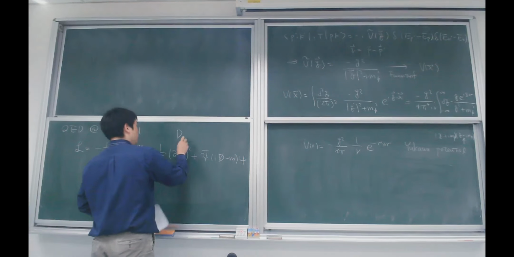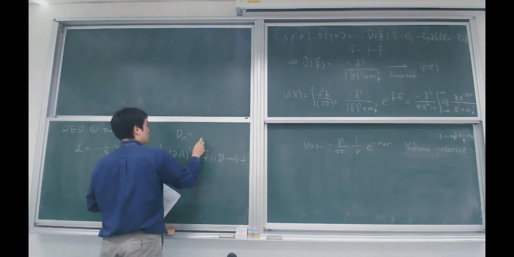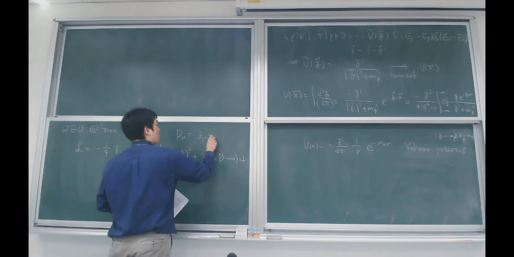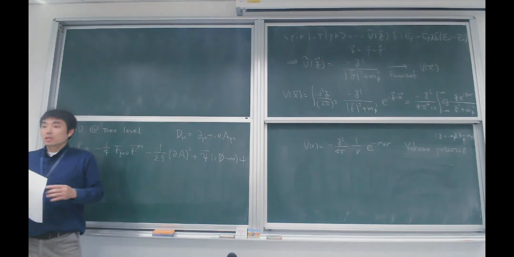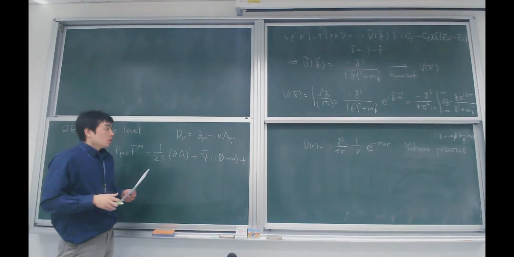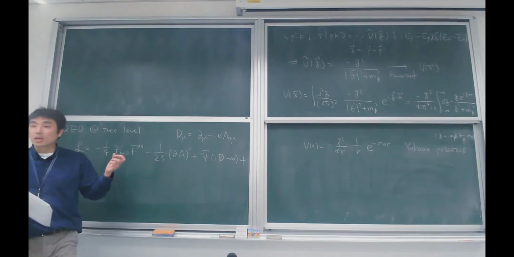Now D mu is the covariant derivative. Question? Is it okay? So this is a gauge invariant Lagrangian.